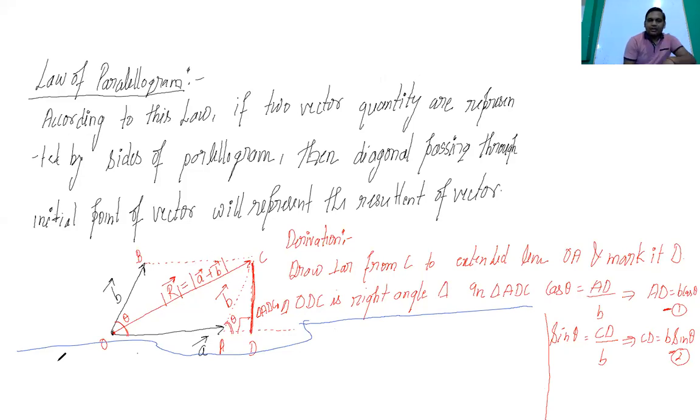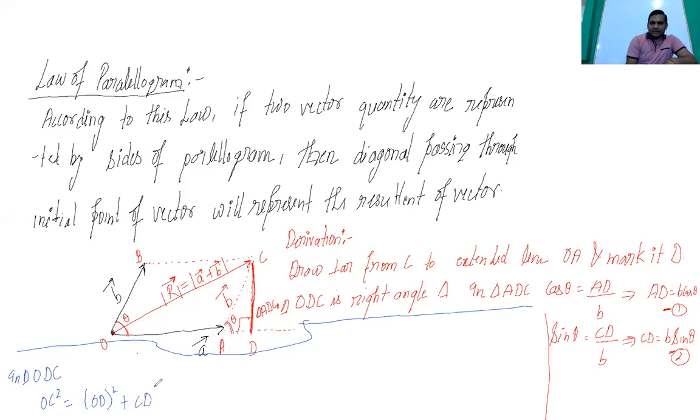Now in triangle ODC, we can write OC square equals OD square plus CD square. Let me write the direct form first, then we'll simplify it.